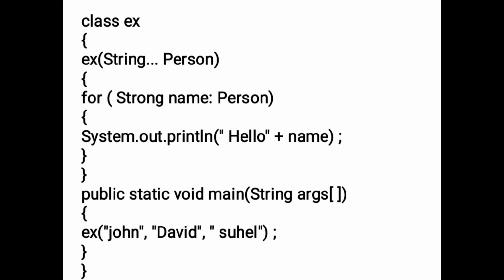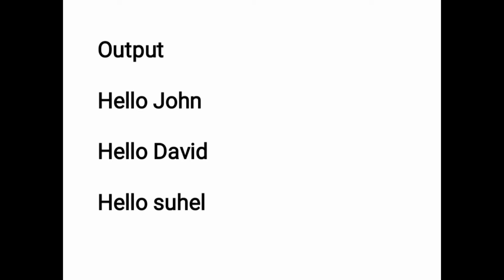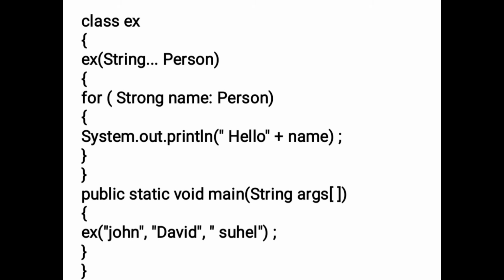Here write String name colon person, and one output statement, that is "Hello" plus name. Next, in the main method, I am passing the values to the method: John, David and Sohil. Then the output we get is Hello John, Hello David and Hello Sohil. Here I declared the variable argument only one time, and the output is displayed many times.